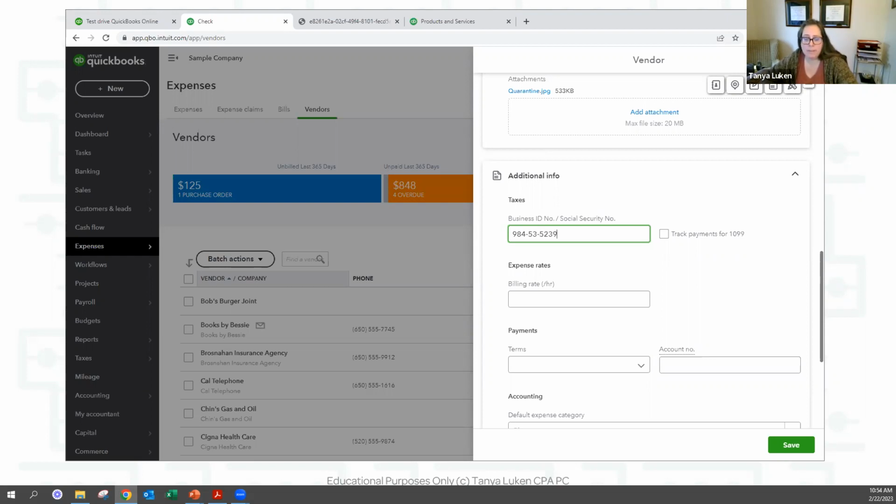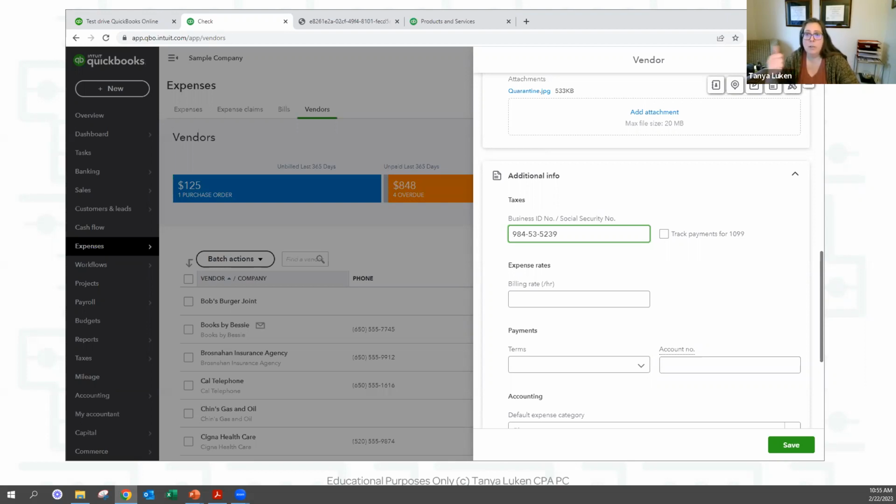Just a quick word about 1099s. You are required to report to the IRS by January 31st of the following year all of the payments that you've made to people for services, rent, legal fees, legal settlements, fishing boat proceeds, interest, non-employee compensation, royalties.